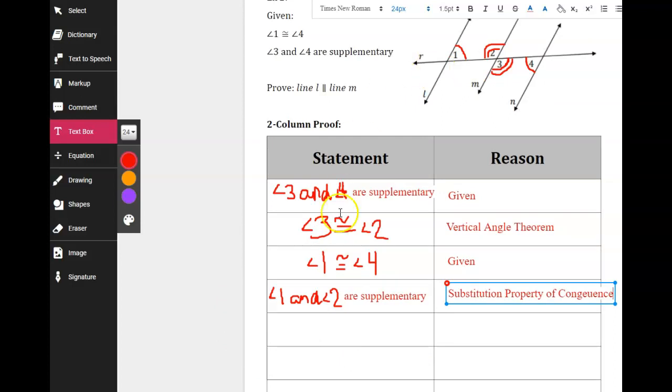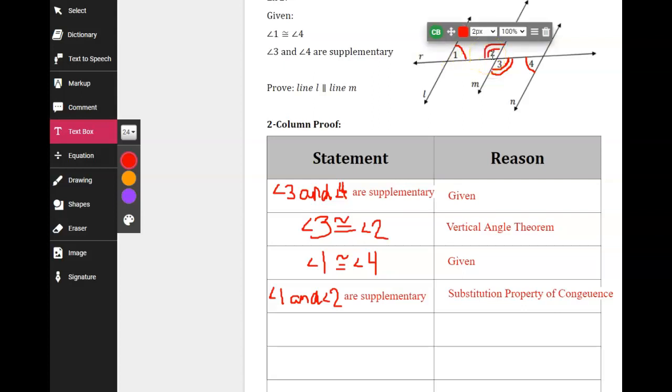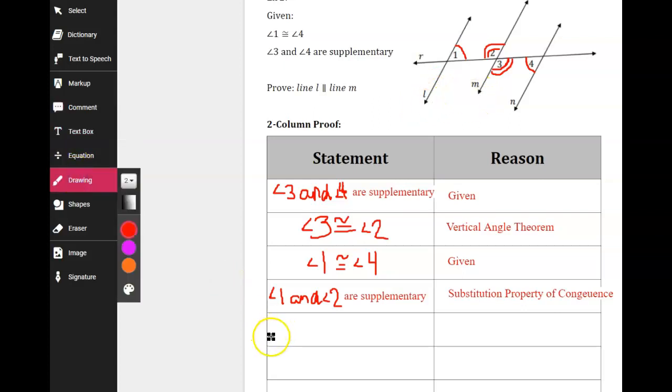Okay. So by now, I've claimed that angle 1 and angle 2 are supplementary to each other. Those two angles are consecutive interior angles, and if they're supplementary to each other, then we know that the lines that are creating them along with the transversal must be parallel, and that would be line L and line M. So I can say, therefore, and those three little dots like that in math mean therefore.